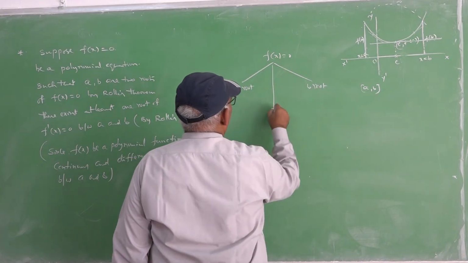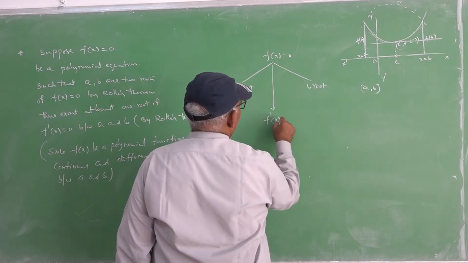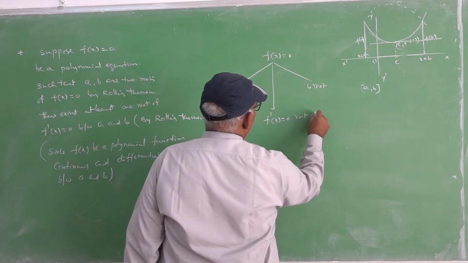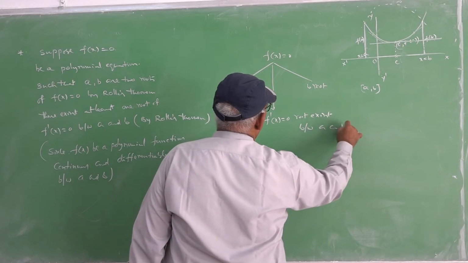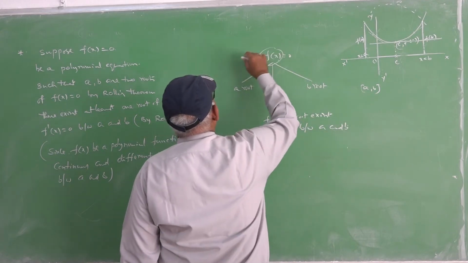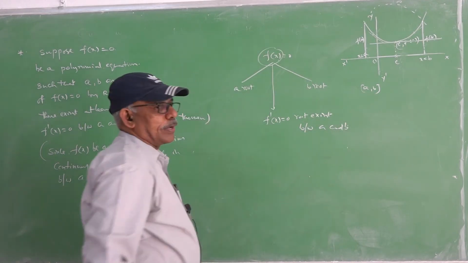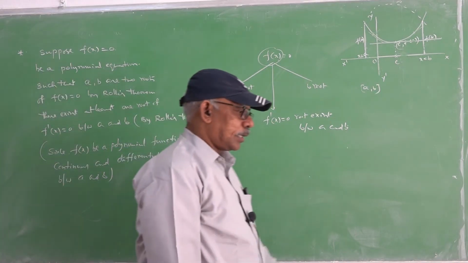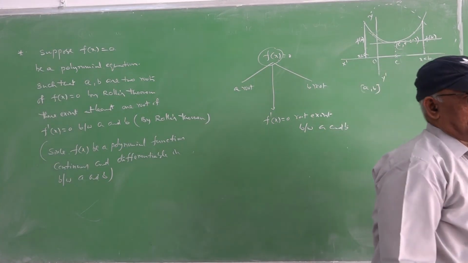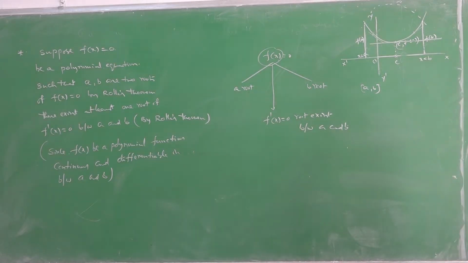Then you can conclude that a root of f dash x equal to 0 exists between a and b, provided f x is a polynomial equation. That is what we can conclude from Rolle's theorem.